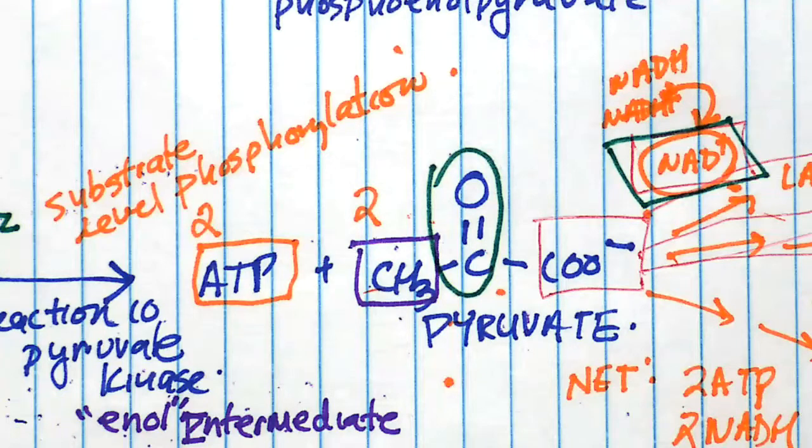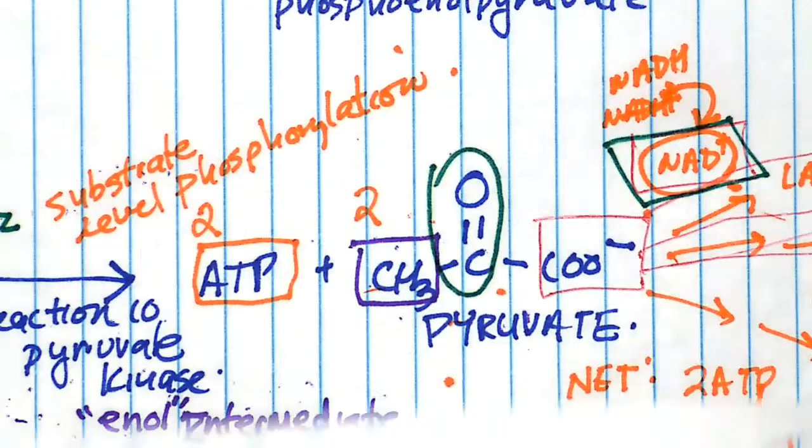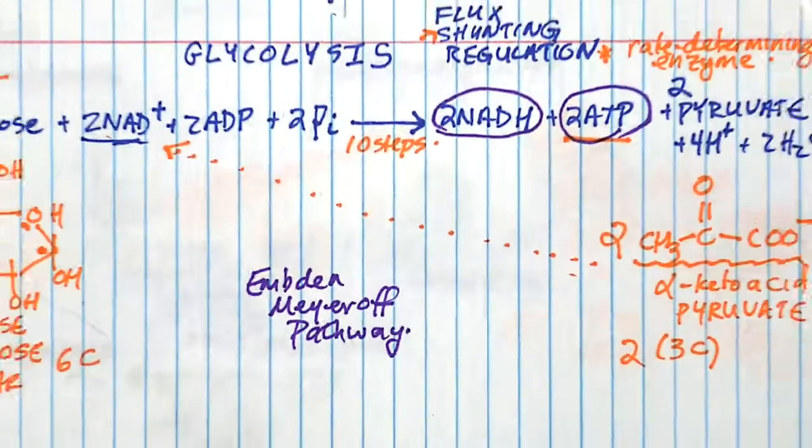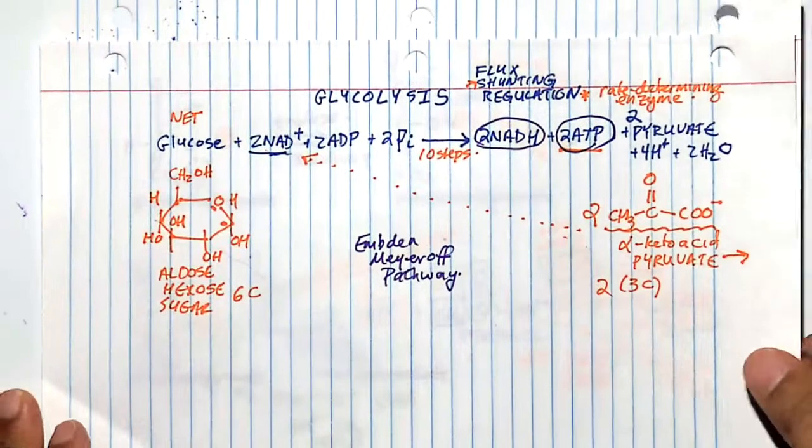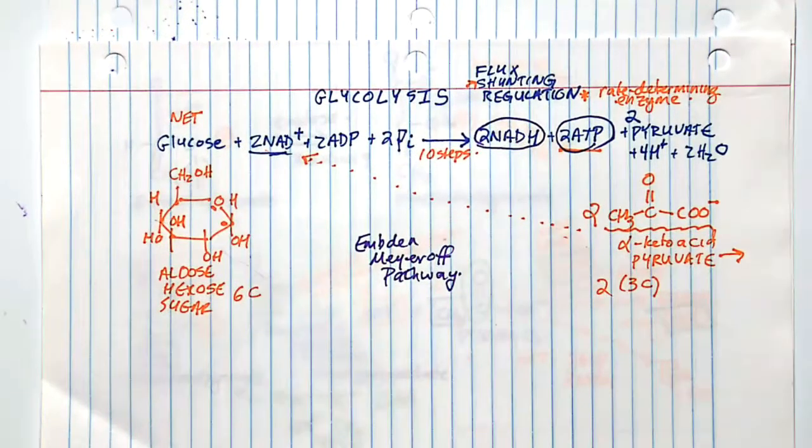One final thing: glycolysis occurs in the cytoplasm. In metabolism, we also want to concern ourselves with localization in the cell, where it's occurring. We're going to contrast that with other metabolic pathways that occur in other parts of the cell.